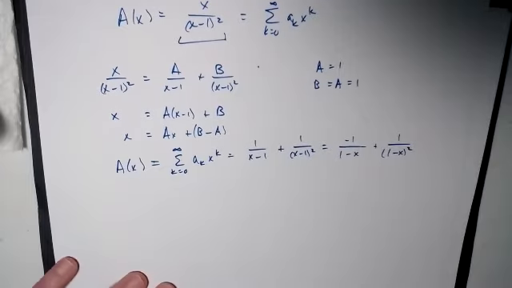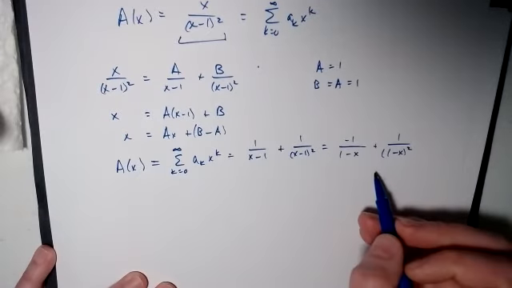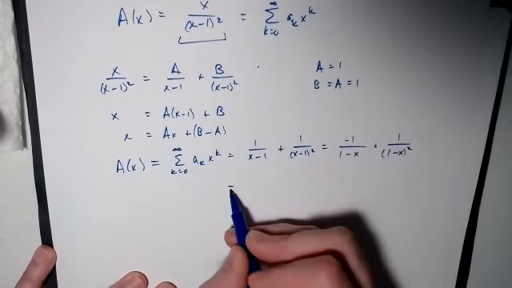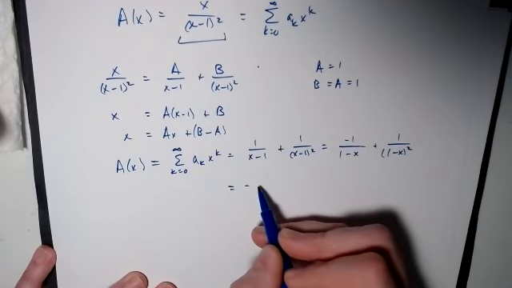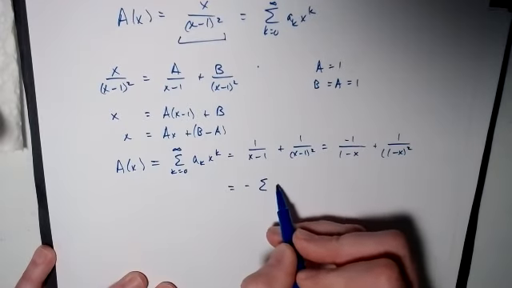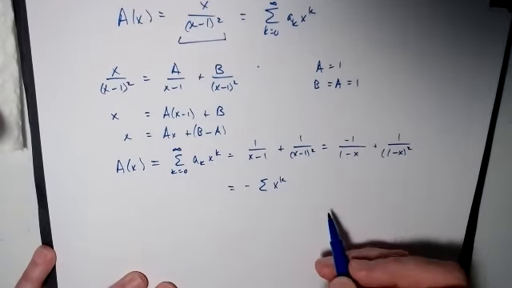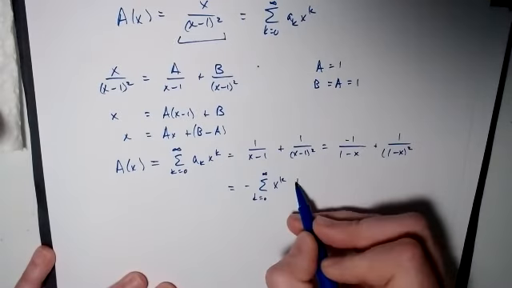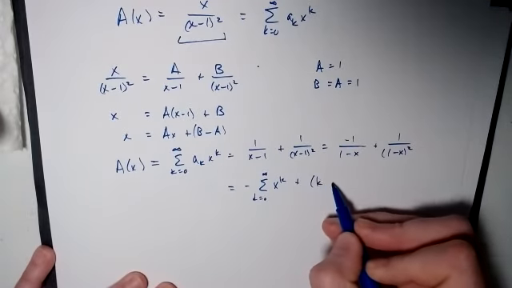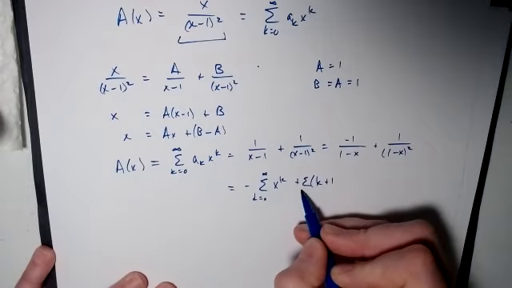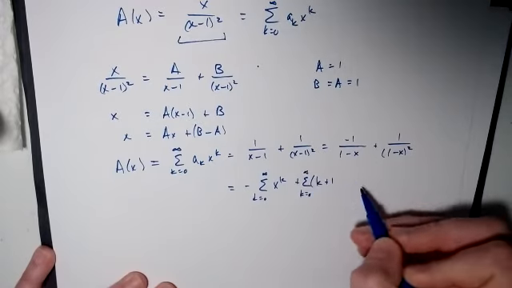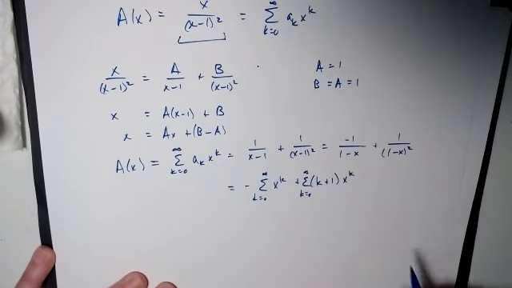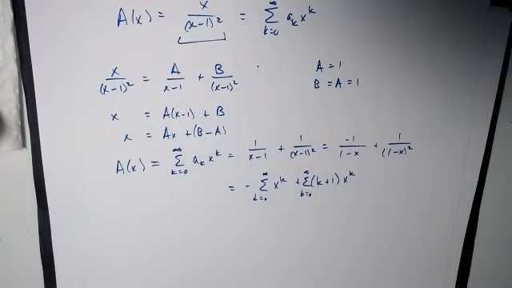So this is equal to negative the sum of x to the k, as k goes from 0 to infinity, plus, oops, forgot my sum, the sum as k goes from 0 to infinity of k plus 1 x to the k.